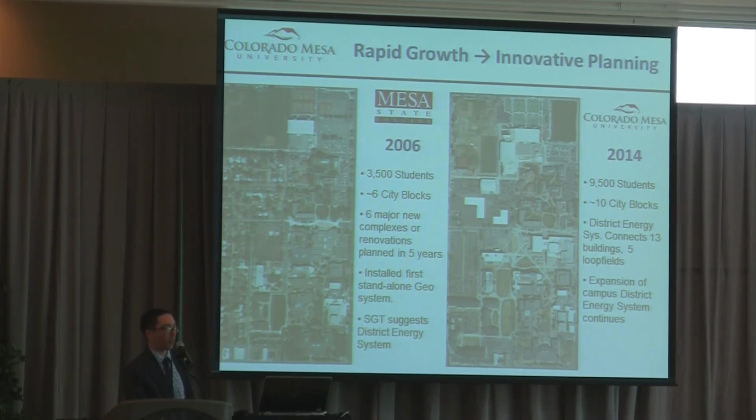The size of the campus has roughly doubled. As part of this building spree back in 2006, our firm was engaged to design a standalone, typical commercial geothermal system for one new classroom building.